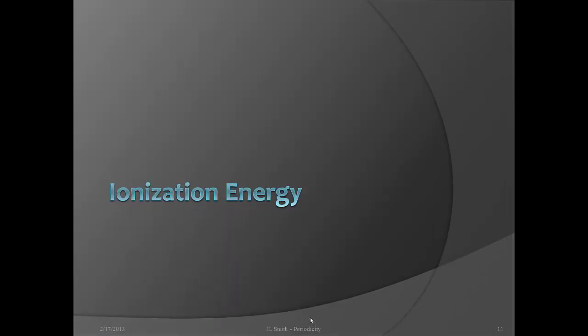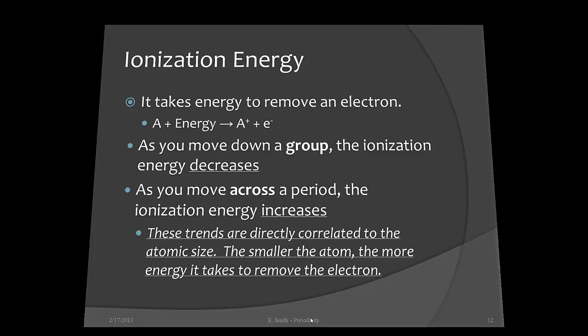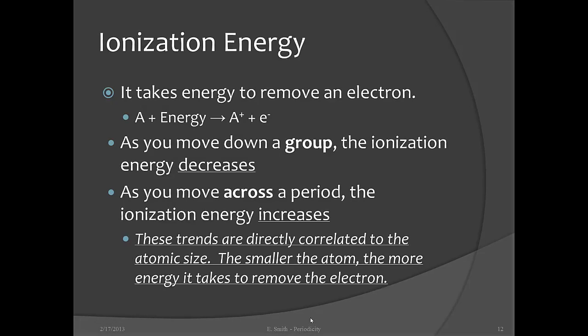Now let's talk about the next one, which is ionization energy. Before we can do that, we need to understand what ionization energy is. It's the energy it takes to remove an electron. Remember, the size of the atom as we go down a group gets bigger.